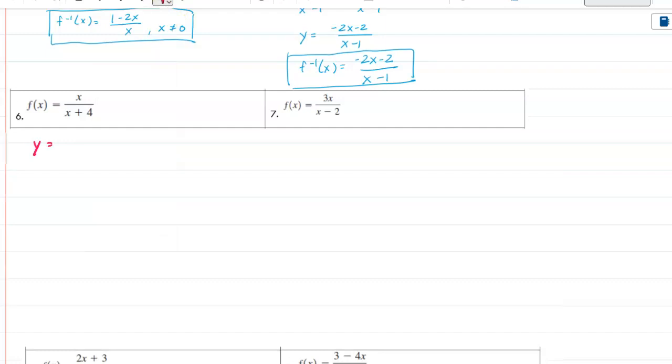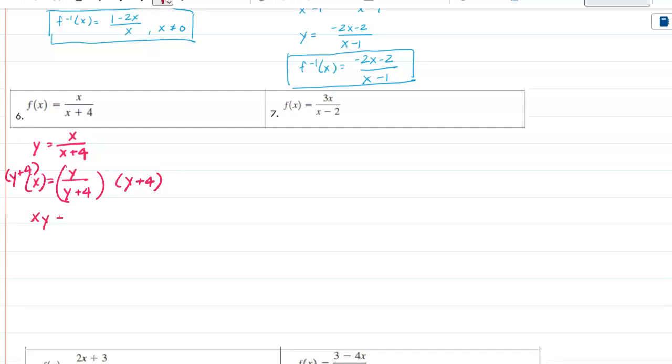Y equals x plus 4 over x, switch the x's and y's. Multiply both sides by the denominator. Distribute the x through on the left-hand side.